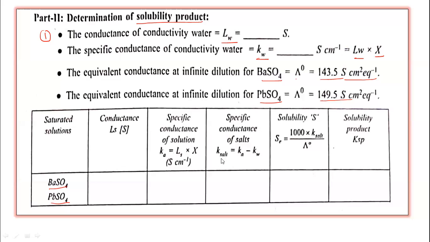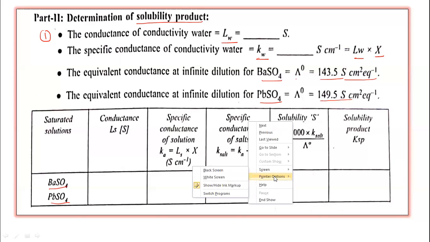So the specific conductance of the salt, that is barium sulfate, is equal to Ks minus Kw. This is Ks, and this is Kw here.